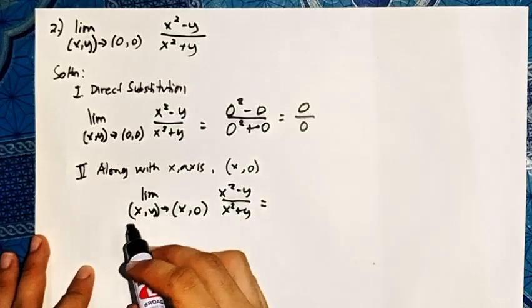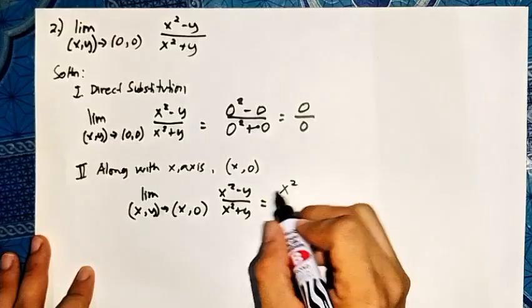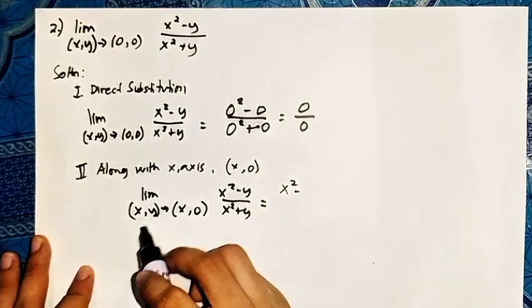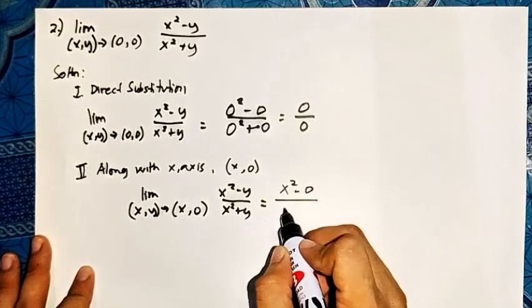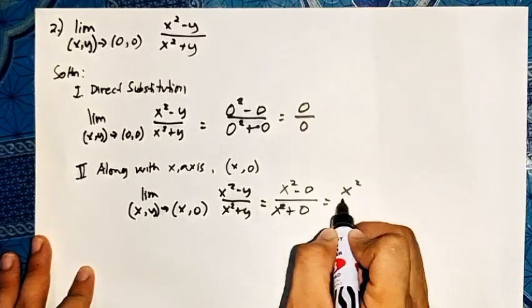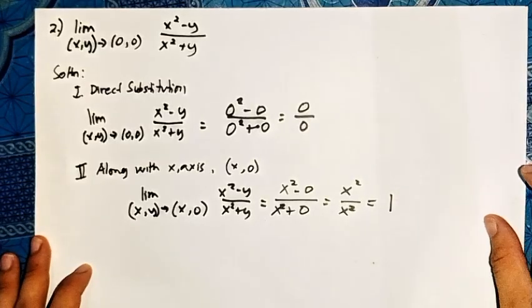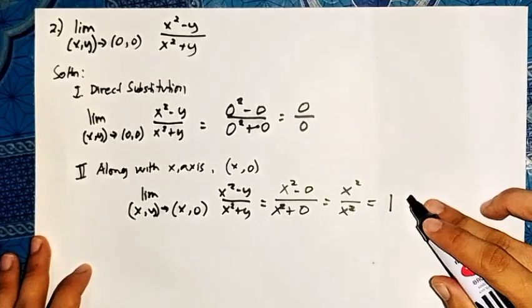The value of y is 0, so let's substitute. It will be x squared minus 0 over x squared plus 0, which becomes x squared over x squared, equal to 1. So along the x-axis, it has a limit of 1.